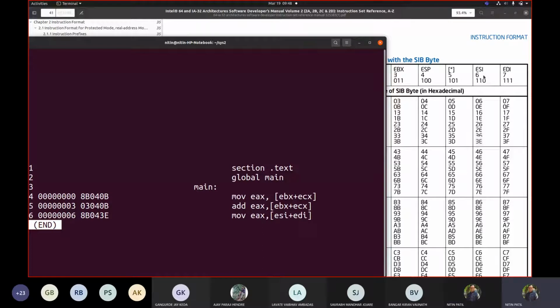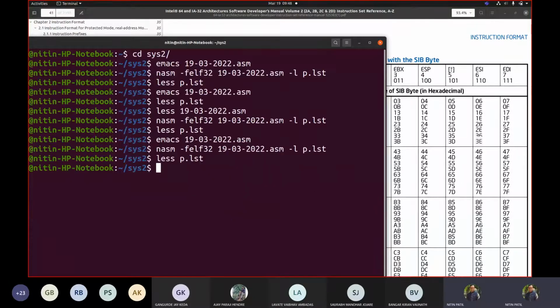Correct? Yes. Now that means what? Whenever I am referring to this, if I replace it by base, let me take the base value and let us see, are we going to get this 0, 5 and so on there? This whole column. Okay, let us make that change.